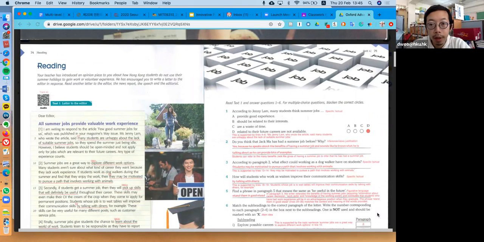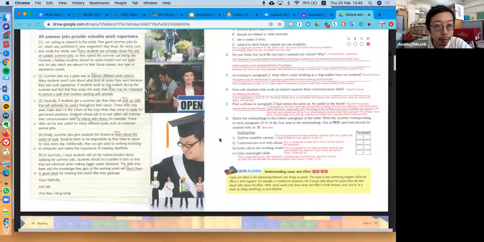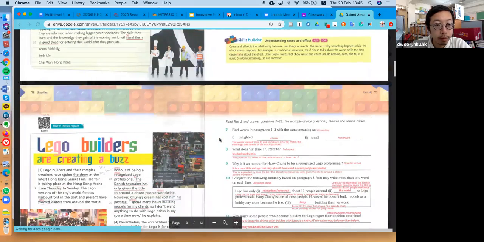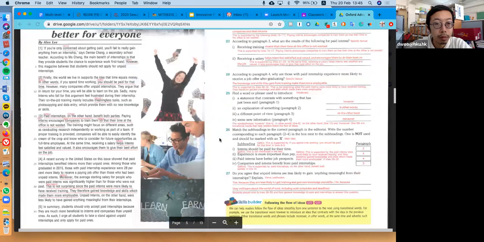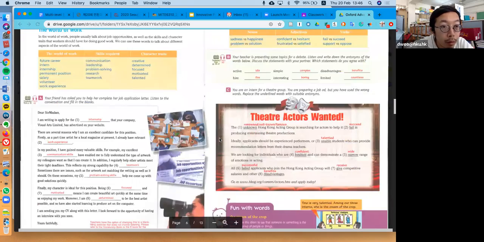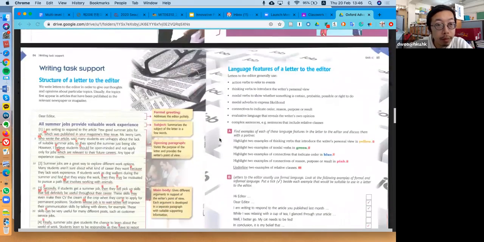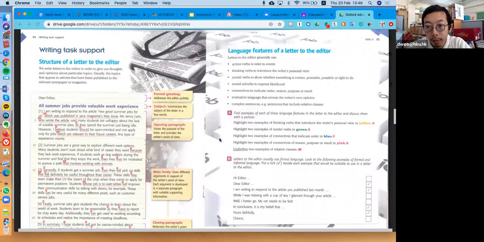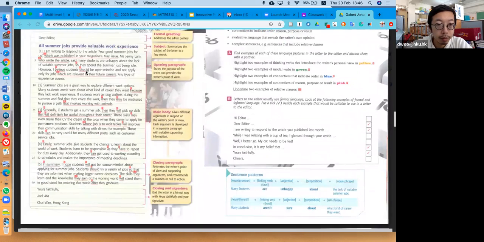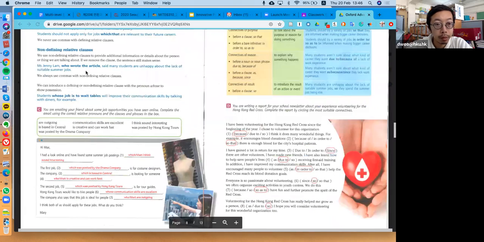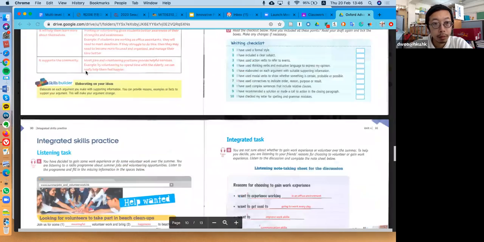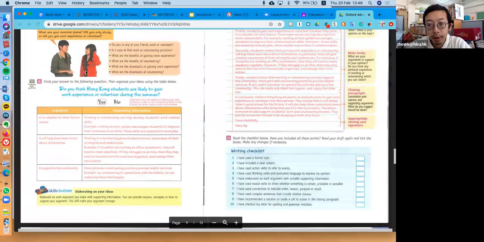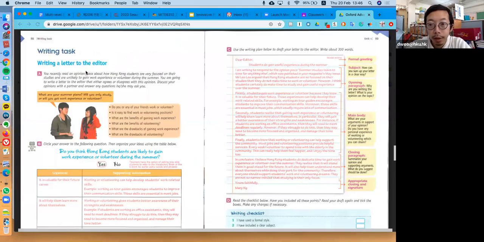Examples on pages 74, 75. 84 and 85. And writing task, 88 to 89.